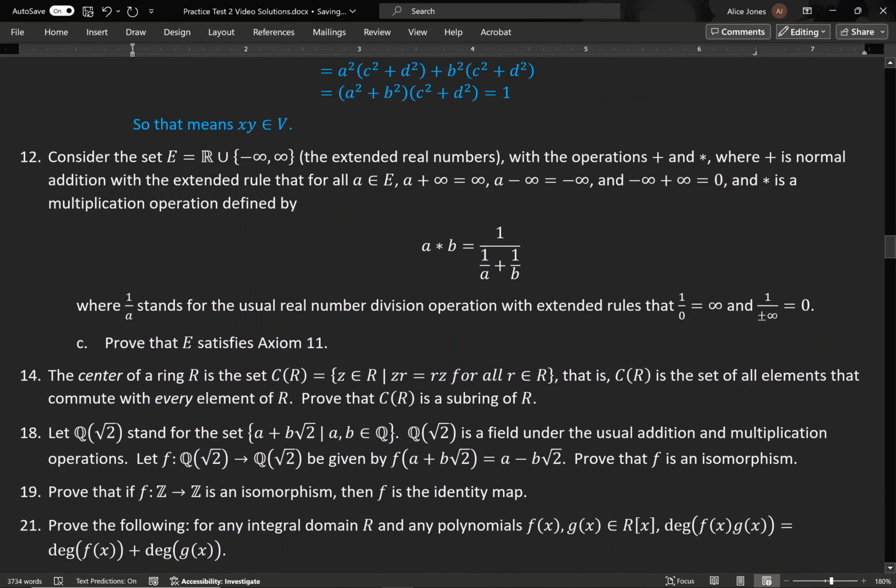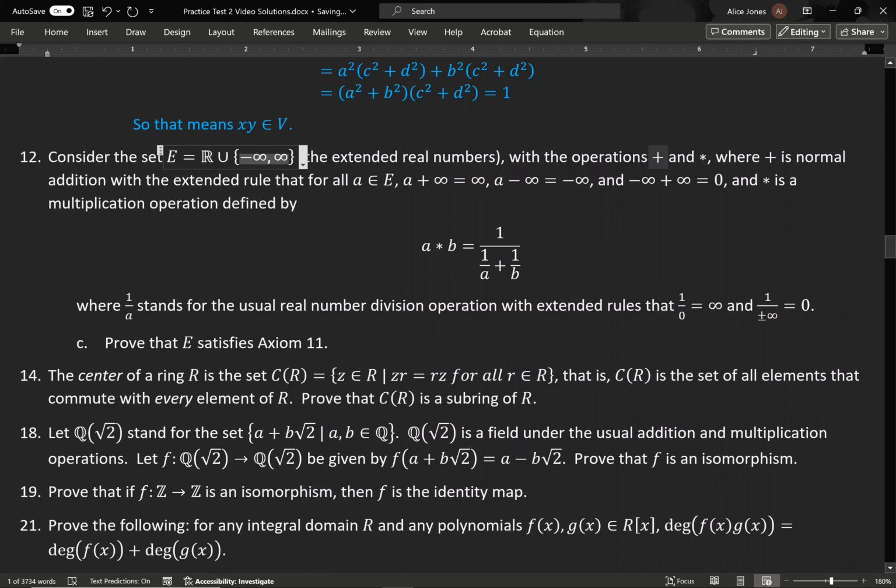So in this one, we have kind of an interesting set. I'm not sure if you guys have ever worked with this set before, but this is the extended real numbers, or one version of the extended real numbers anyway. So it's real numbers, and we're also including these 2 symbols, infinity and negative infinity, as part of the set.